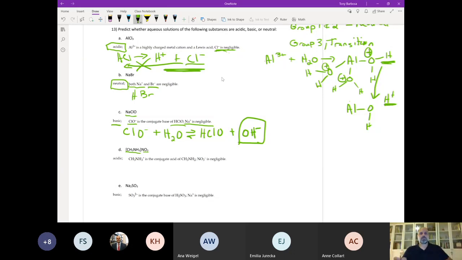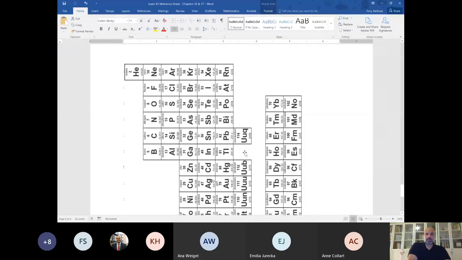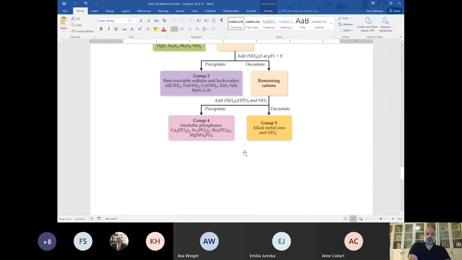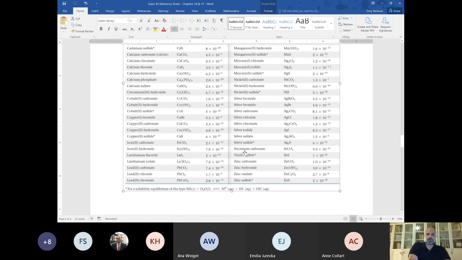I'm going to jump over to the reference sheet so everybody can see what I'm talking about. This is important for you to recognize, so everybody's hopefully paying close attention.